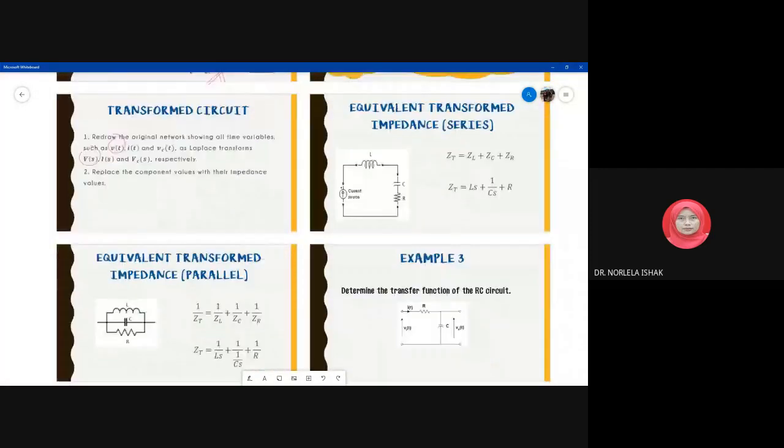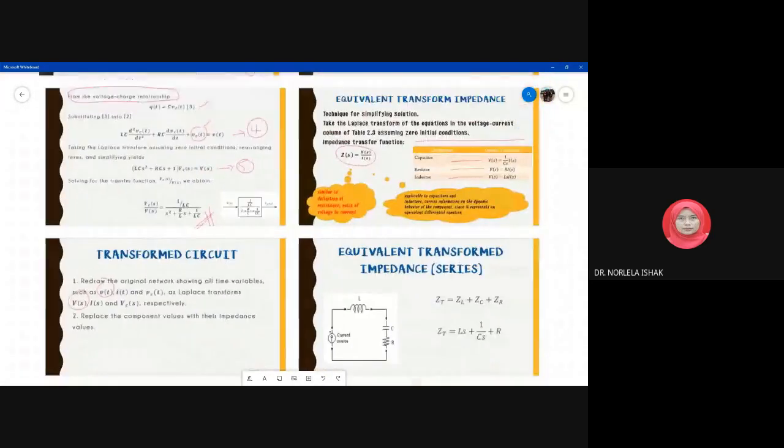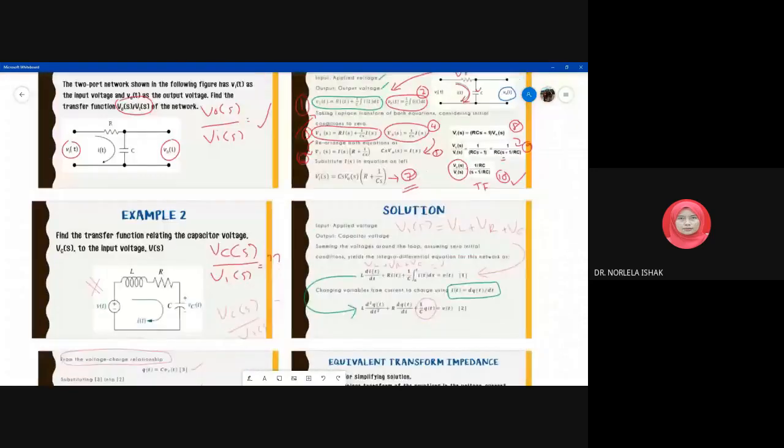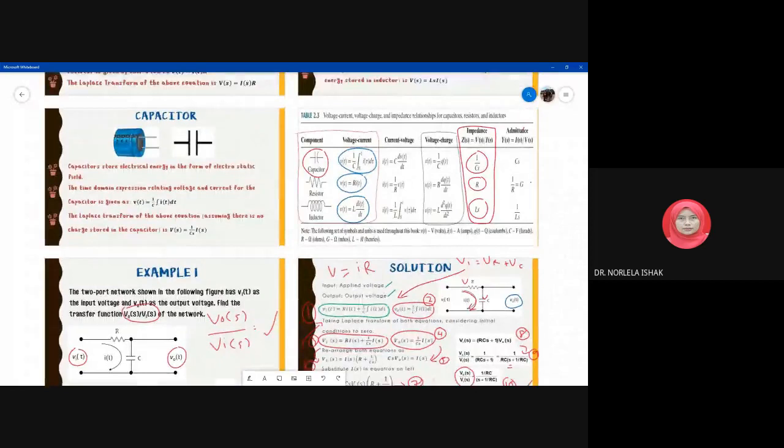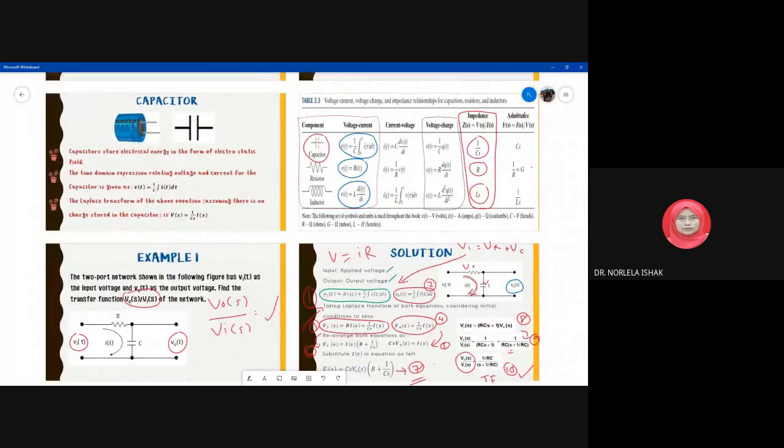Hopefully this table, table 2.3, is what we will use during our circuit analysis: the relationship between voltage, current, voltage, charge, and the impedance for capacitor, resistor, and inductor.